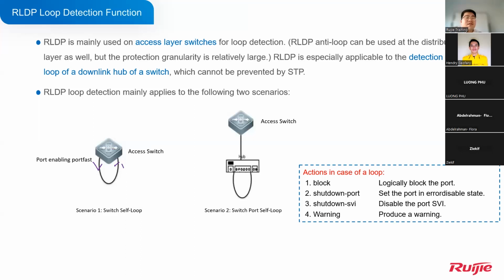Normally most of the layer 2 loops are caused by, for example, improper physical connections. So you can just think it's used for this kind of scenario, the switch self loop, which is also a layer 2 loop. But different from STP, STP is used for loops between multiple switches, while IODP is mainly used for self loops, for example, improper connection of two ports on the same switch.